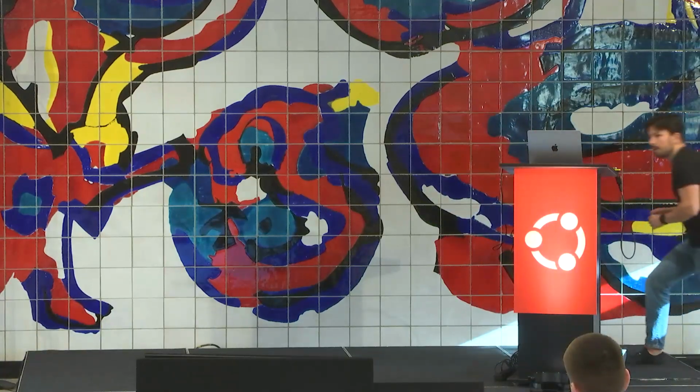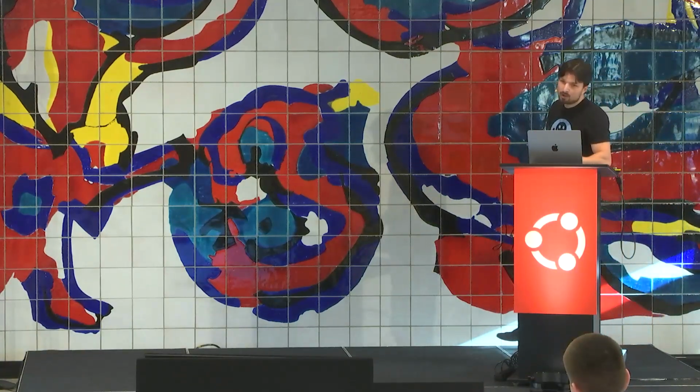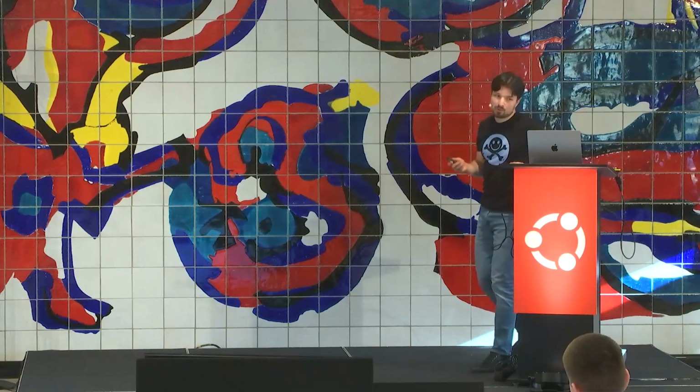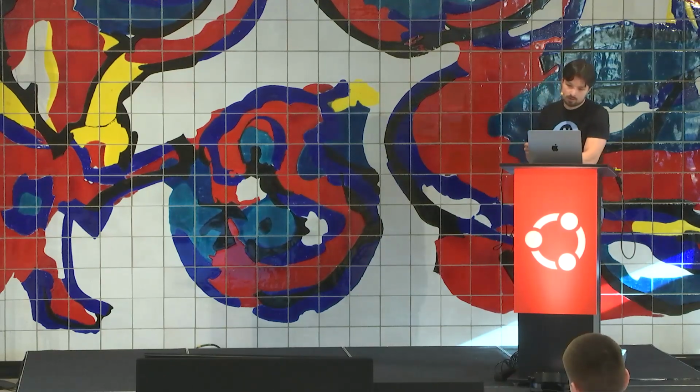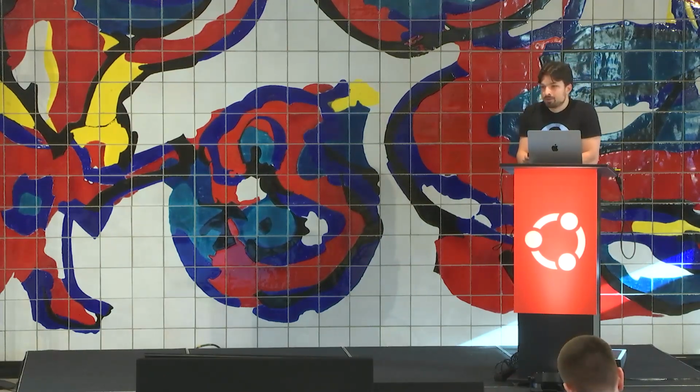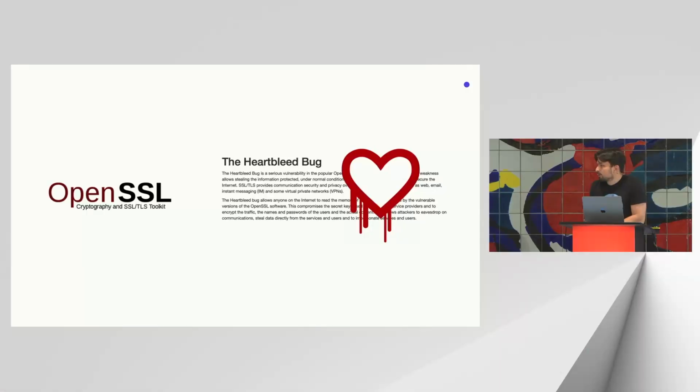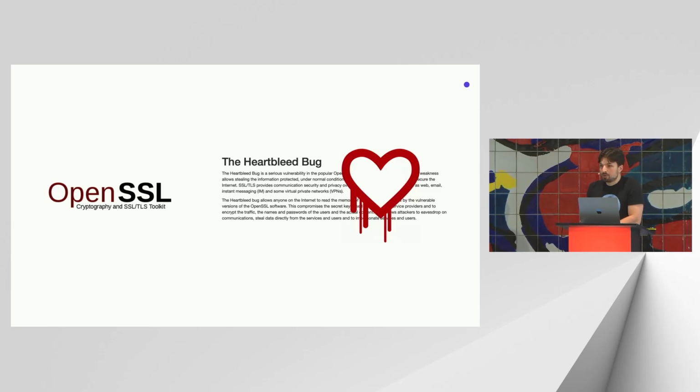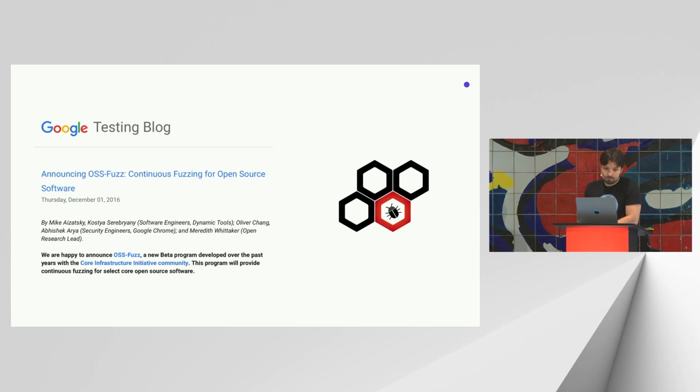Okay, now we can go to the practical part. Probably all of you have already used OpenSSL. And OpenSSL had a really well-known bug like 10 years ago, named Heartbleed, which was memory corruption. The SSL server was basically leaking its memory when someone was trying to connect to it.